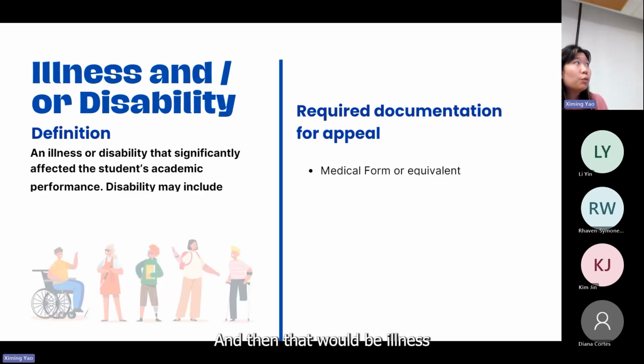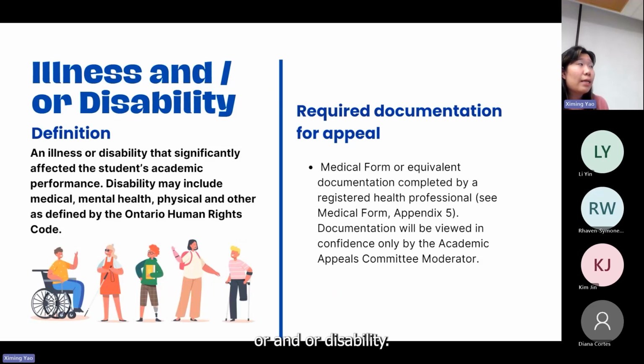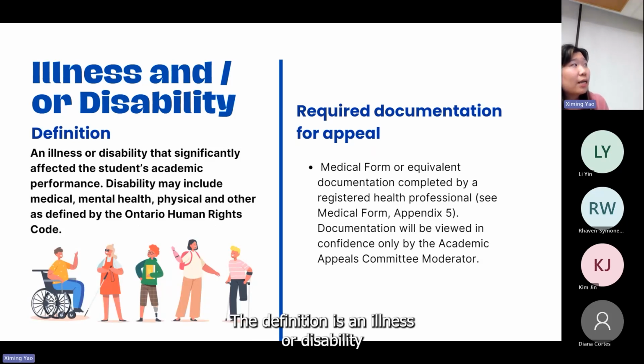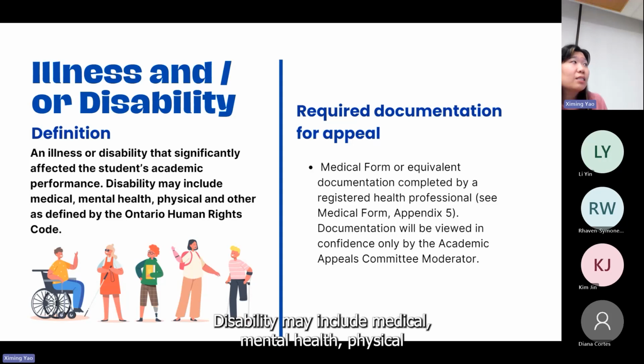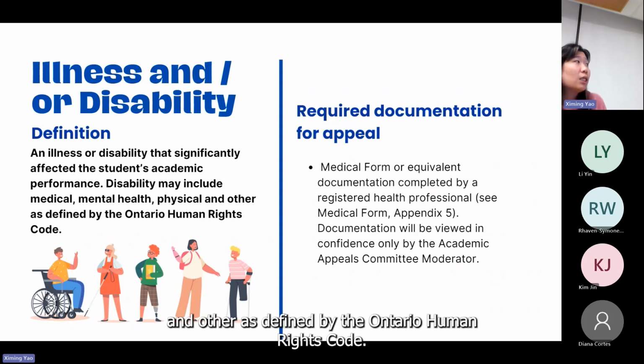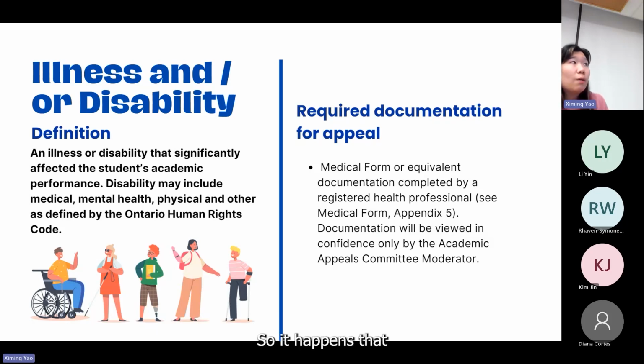And the next would be illness or disability. The definition is an illness or disability that significantly affects the student's academic performance. Disability may include medical, mental health, physical, and other as defined by the Ontario Human Rights Code.